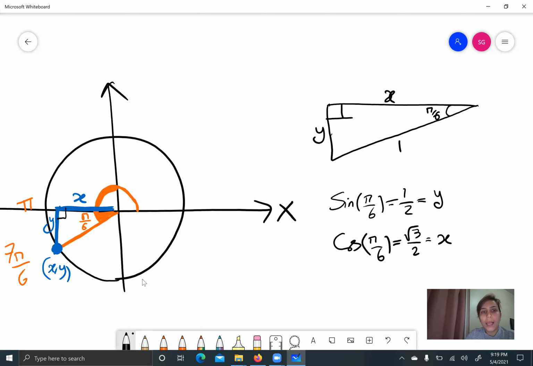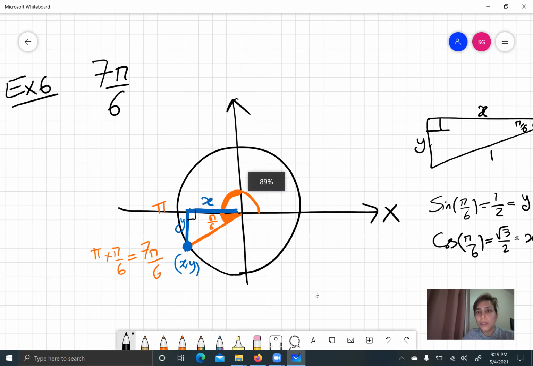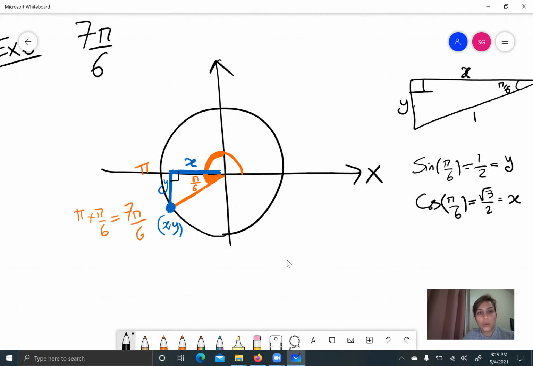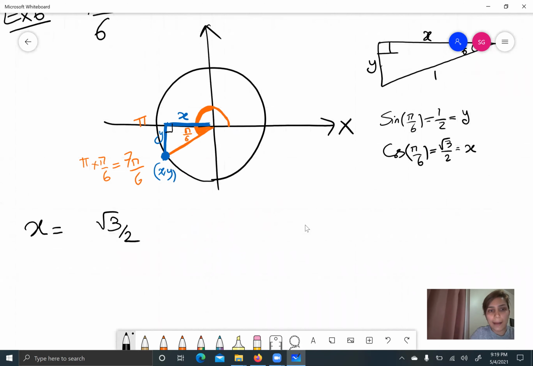Okay, so I got the values for x and y. The x value is square root of 3 over 2. The y value is 1/2, right?